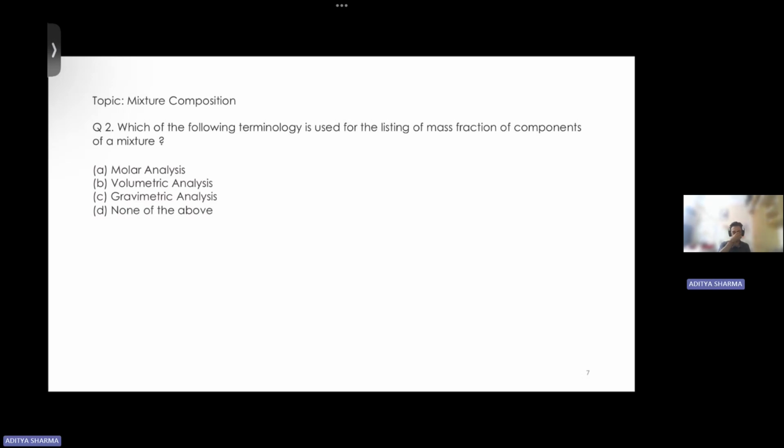So if you see your first option, that is molar analysis. Molar analysis basically is when we discuss the mole fractions of different components and the number of moles of different components. Okay, so that is your molar analysis.